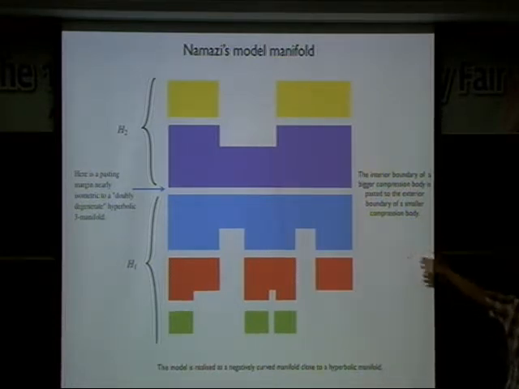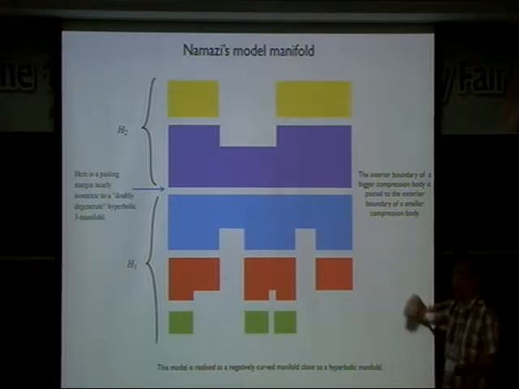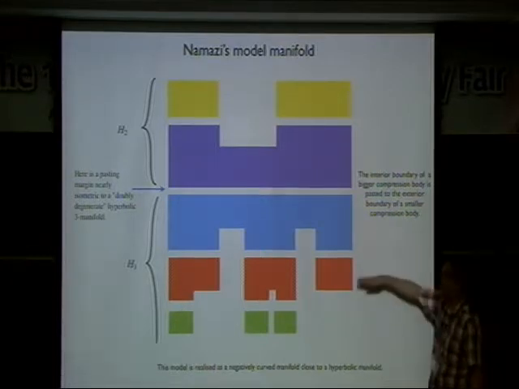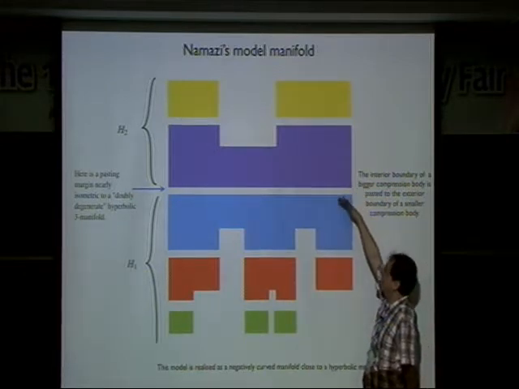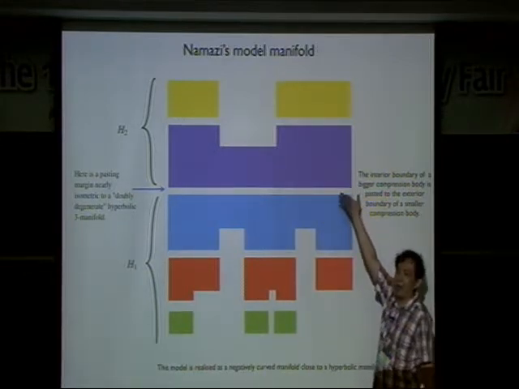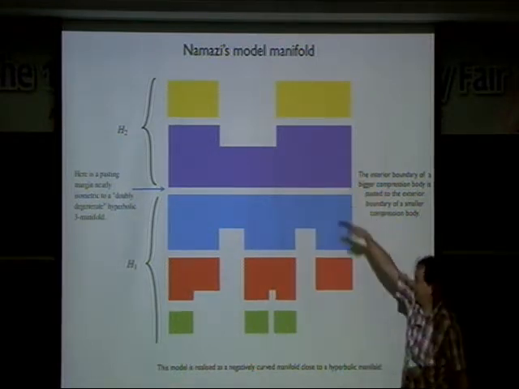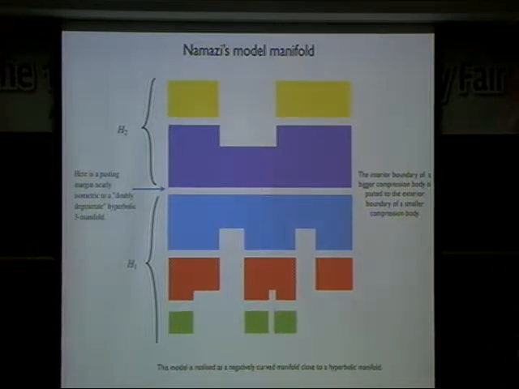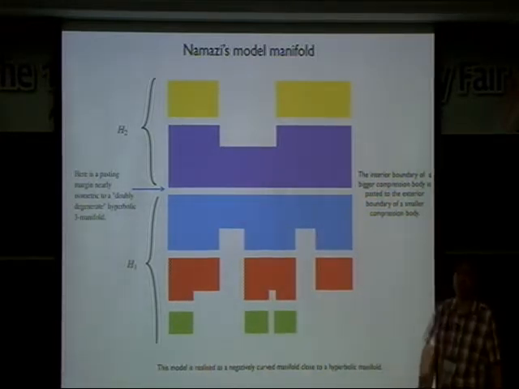In the case of the bridge decomposition, it's also a handle body, but anyway, the same picture appears above. You have a compression body here, and you attach them like that. This is a topological picture, and you put the hyperbolic structure on each part, each compression body.